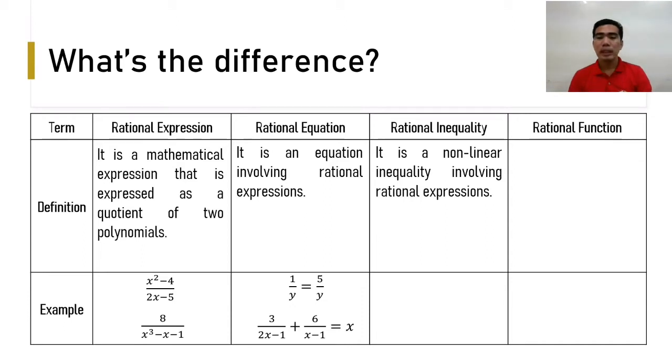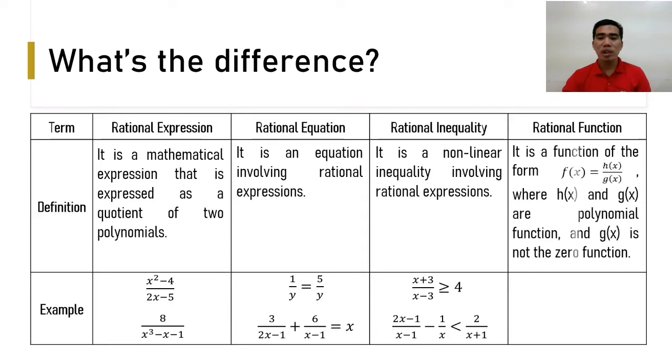The value of x is less than or equal to, greater than or equal to, greater than, or less than. That's it for rational inequalities. We have here the example.